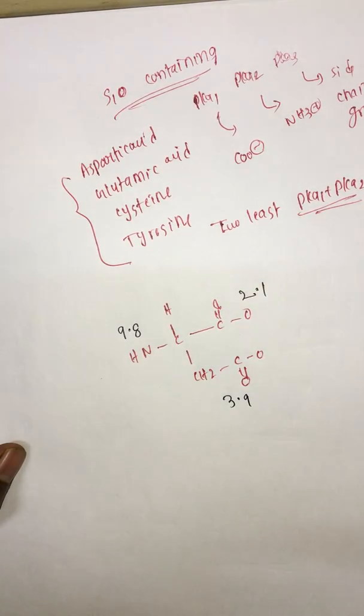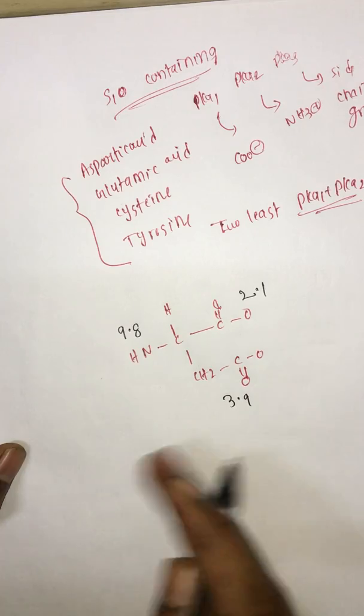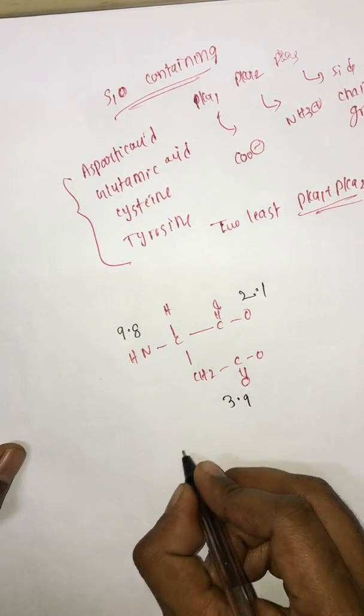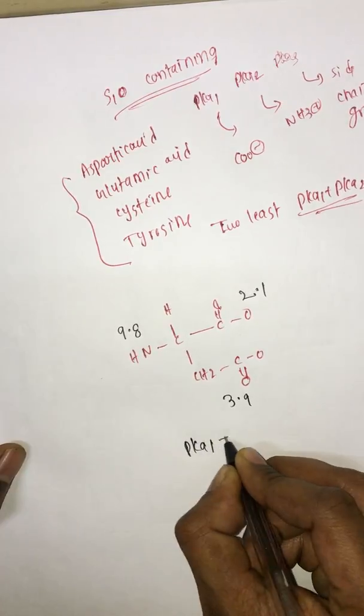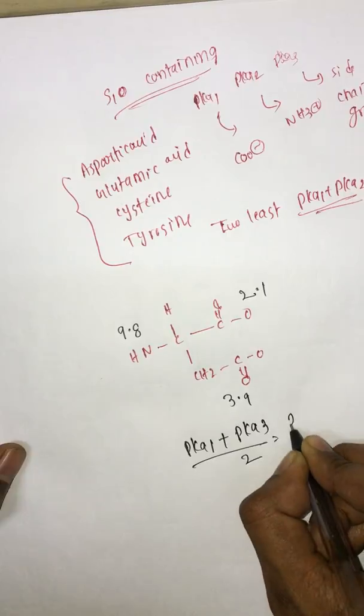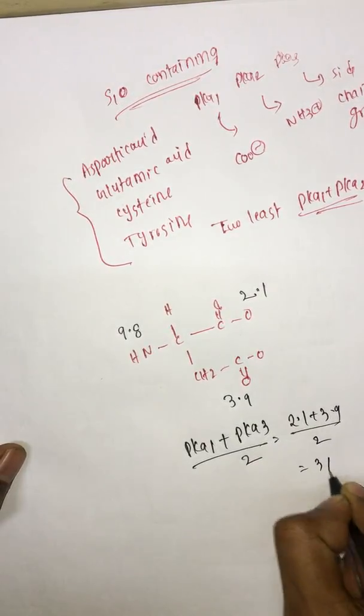Here we have three pK values, pKa1, pKa2, pKa3. For these four amino acids we have to take the two least numbers, that means pKa1 plus pKa3 by 2, 2.1 plus 3.9 by 2, and this answer comes to be 3.